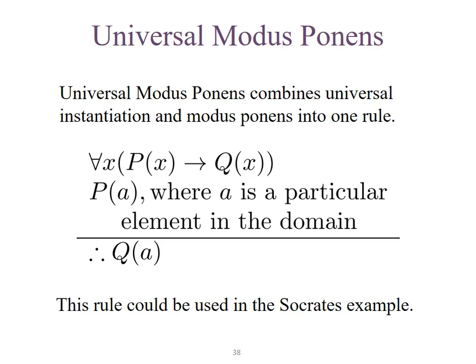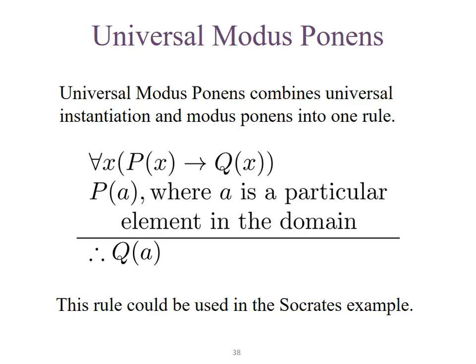All right, next one, universal modus ponens. For all x, if P of x is true, then Q of x. Then we have P of A, where A is a particular element in the domain. Then we can infer that Q of A is also true. So it's very easy, right? Because for all x, if P of x then Q of x, and we know the element is A, and A is in the domain.